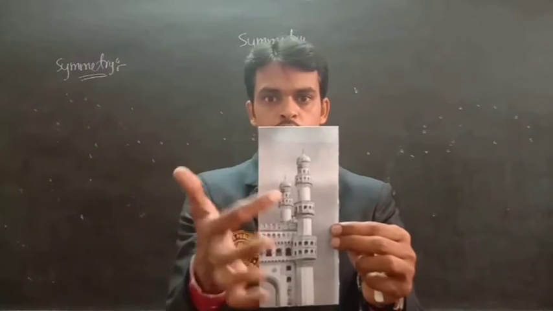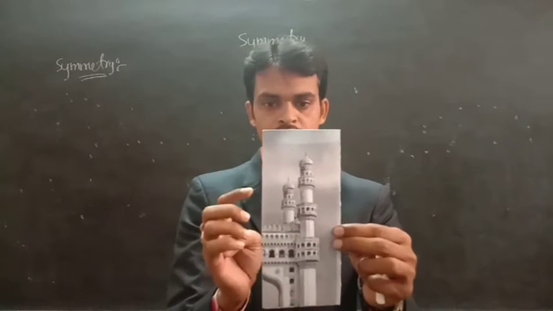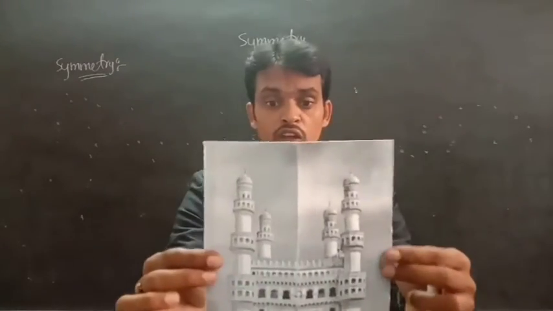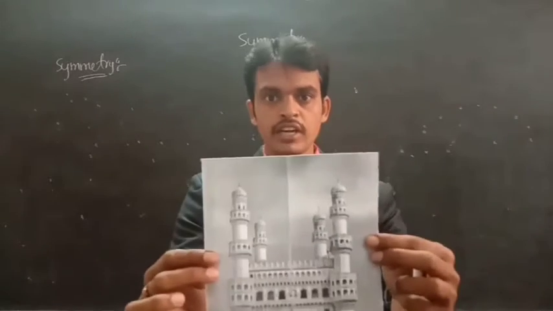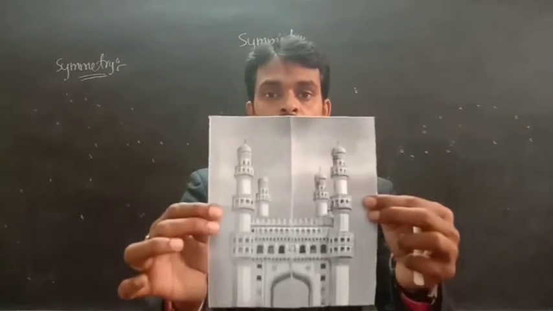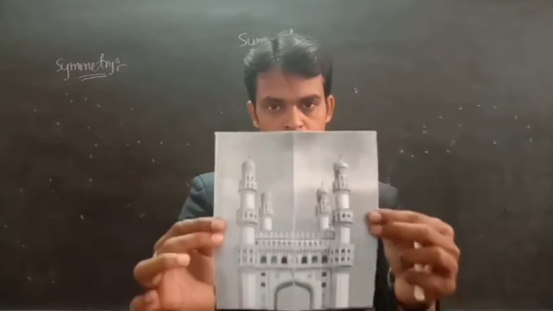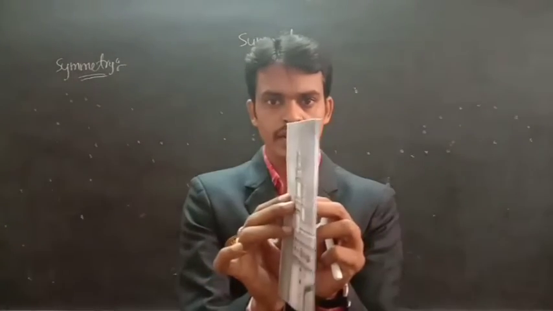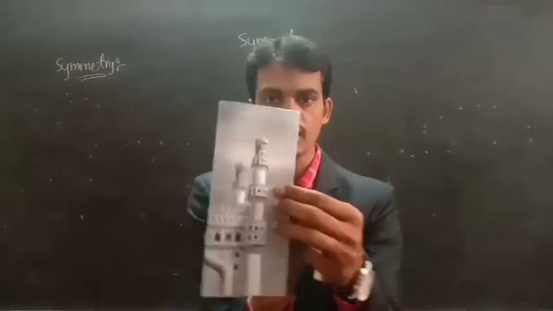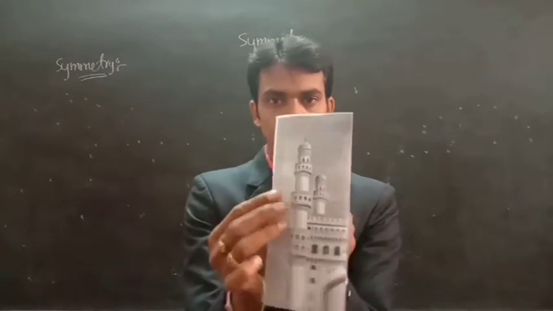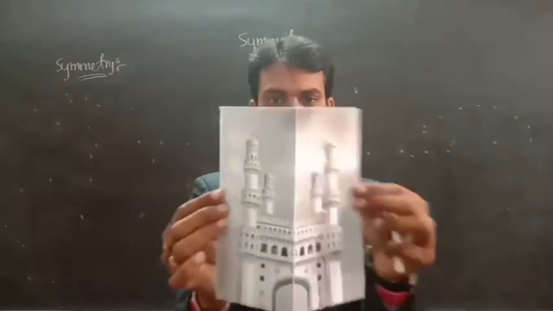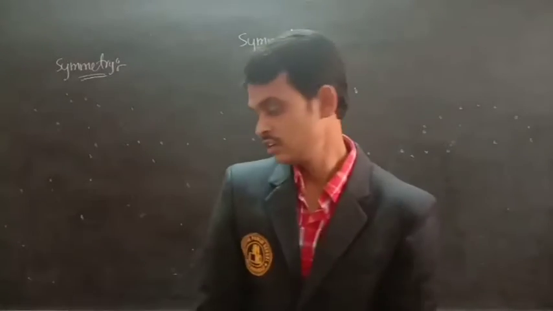Do they coincide with each other? Yes. Do they exactly match with each other? Yes. So the Charminar is a symmetrical figure. If we divide it into two parts, the two parts exactly coincide with each other.